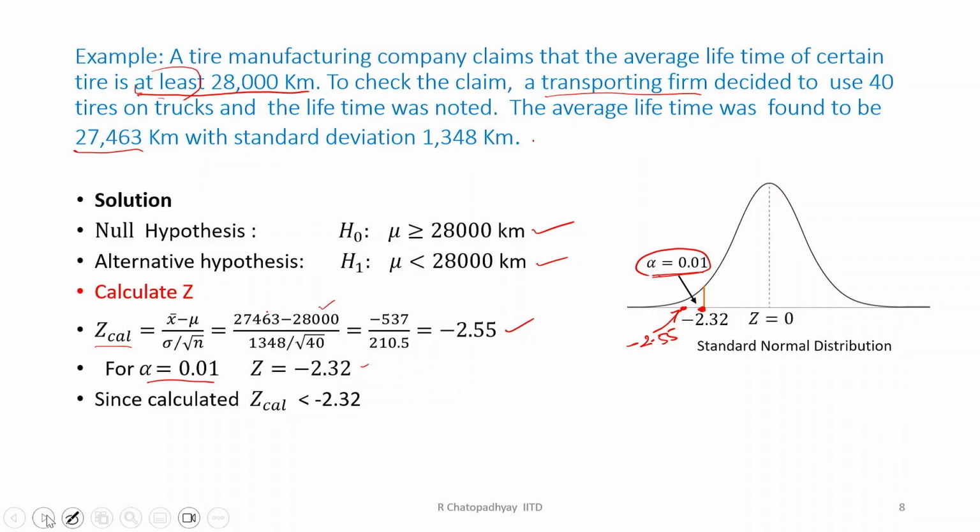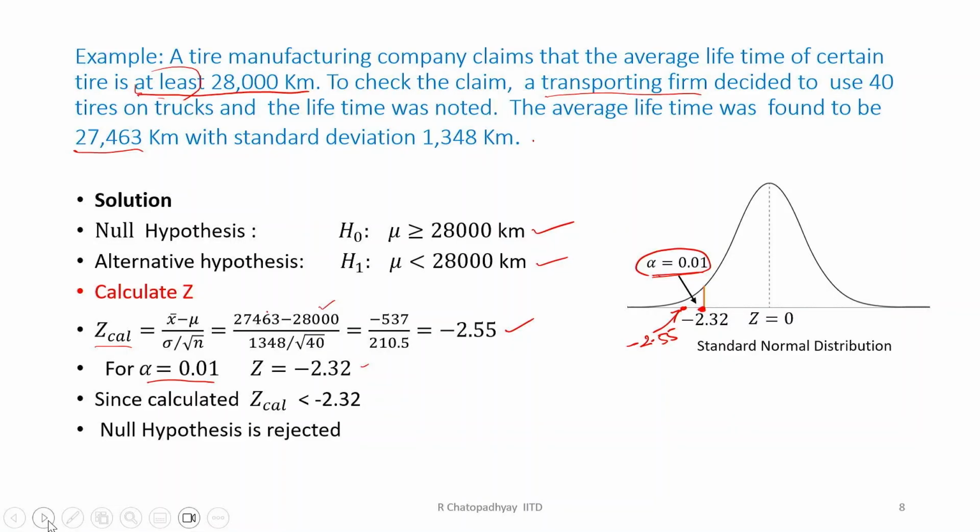Therefore, we should say the null hypothesis is to be rejected. That is our conclusion. So we'll say the claim is not correct, and we reject the claim. So we decide not to buy, or even if we think that we should buy it, then we can negotiate the price now and ask for a discount.